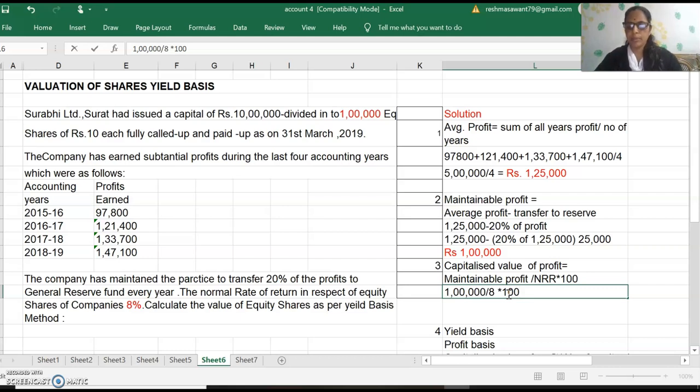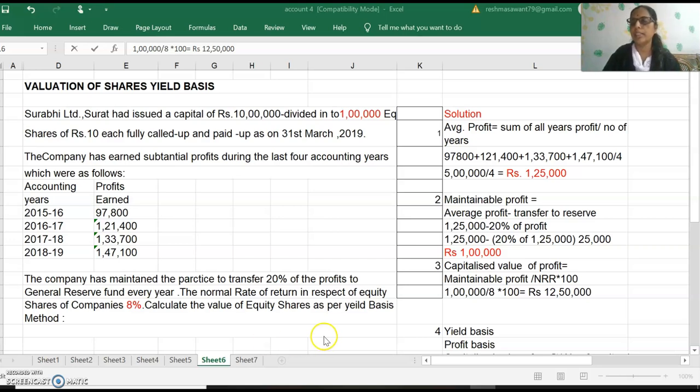So your answer will be 1 lakh divided by 8 into 100. It will give you rupees 12,50,000. 12,50,000 is the capitalized value of profit.